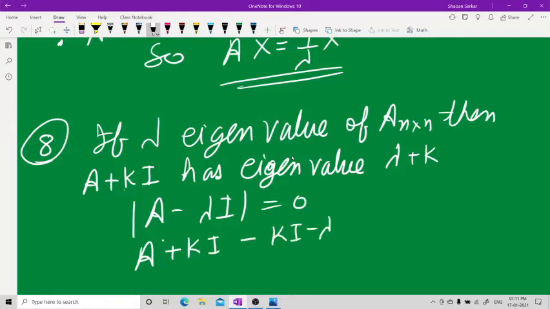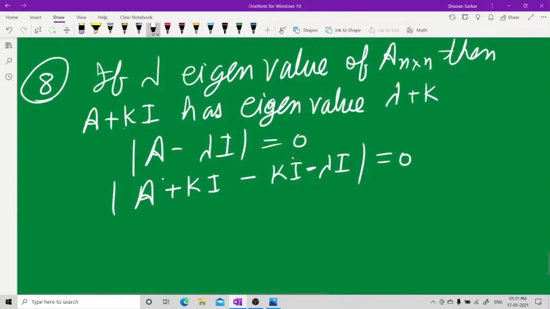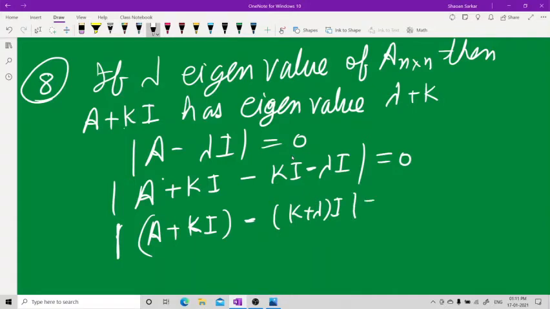It hardly matters. This is A plus Ki minus K plus lambda I equal to 0.